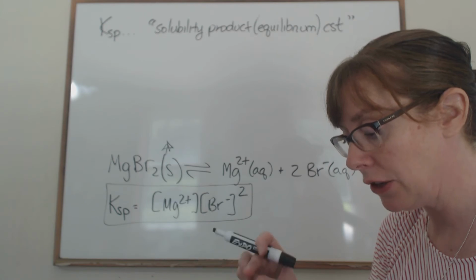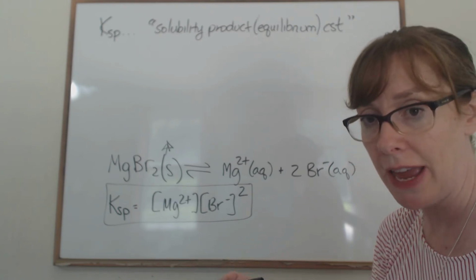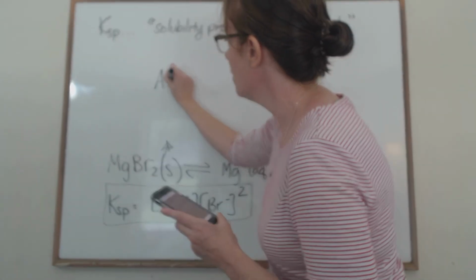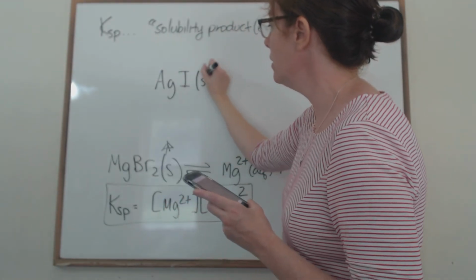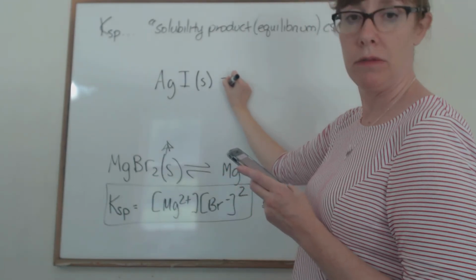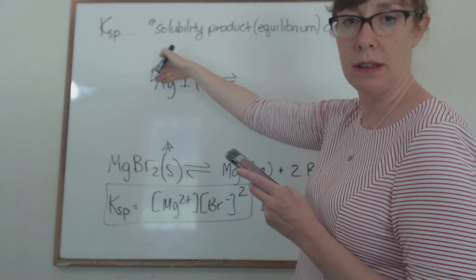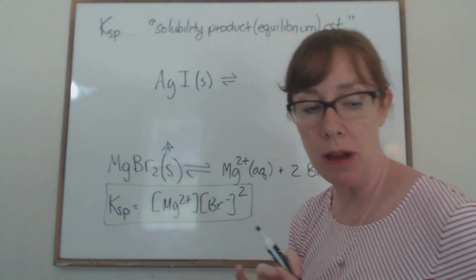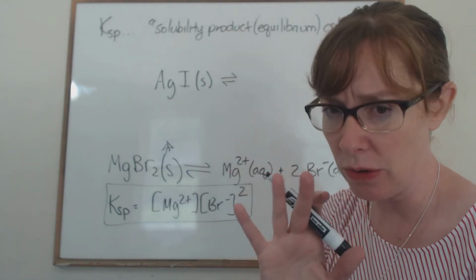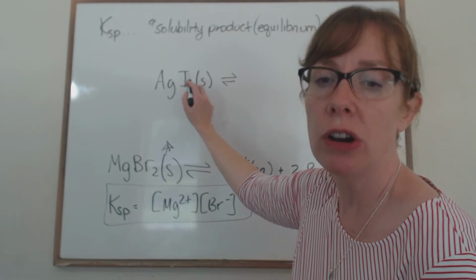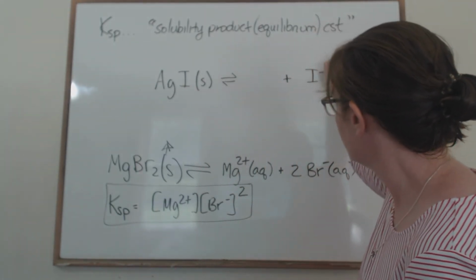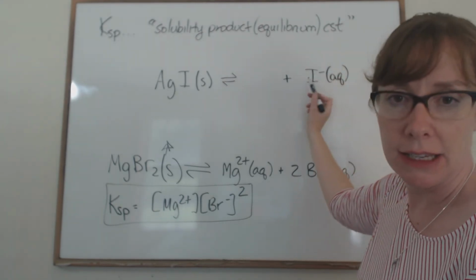Part E, enter a balanced equation for the dissolution of AgI. I'll just do it real quick. AgI, solid, dissolves and becomes this separate from this. Now, you might not know the charge of silver, but you will know the charge of one of them. Iodine is very safely known as I- because it's right below fluorine.